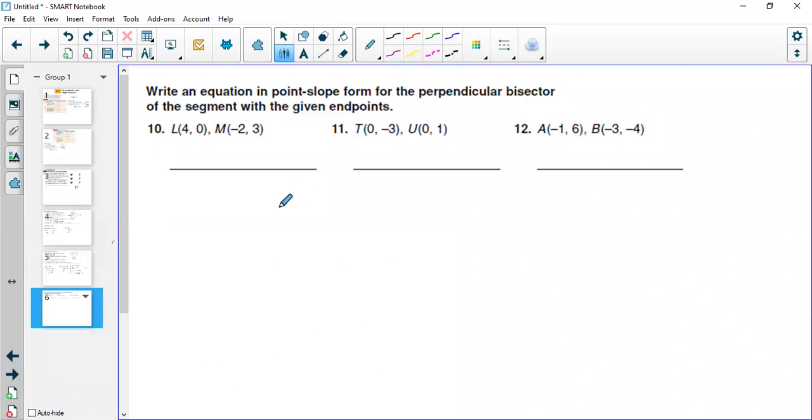Moving to the last three questions. Now here you have to write an equation in point slope form for the perpendicular bisector. There are a few steps you need to follow. First, you need to find the midpoint.